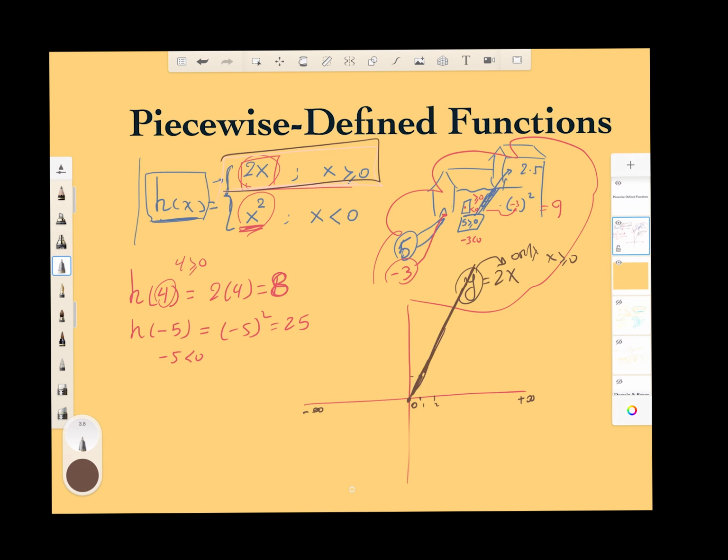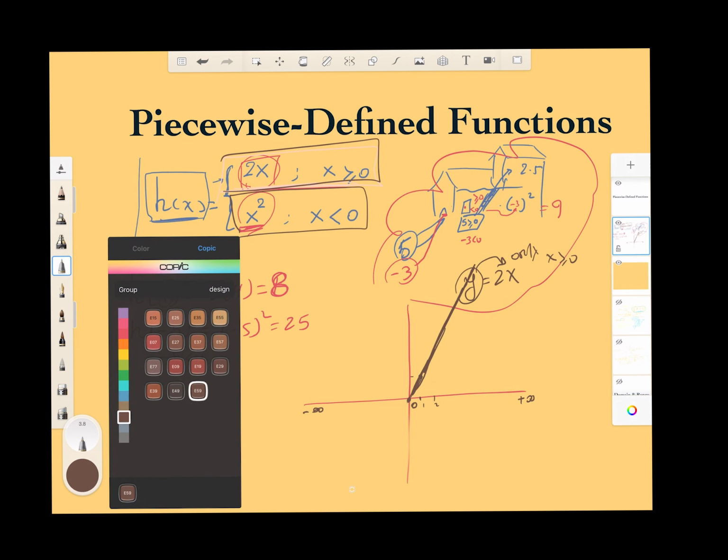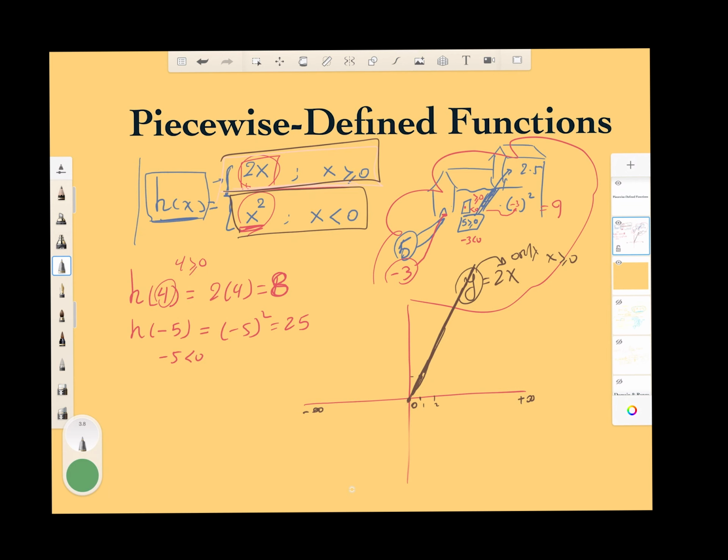Now let's graph the other part of the piecewise function, which is x squared. x squared is a parabola. If we graph it, it will be something like this. But h of x equals x squared only when x is less than 0, so only for this part.